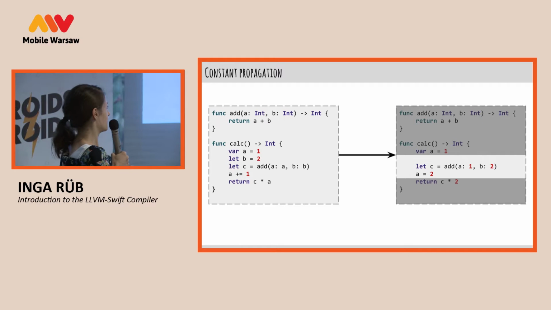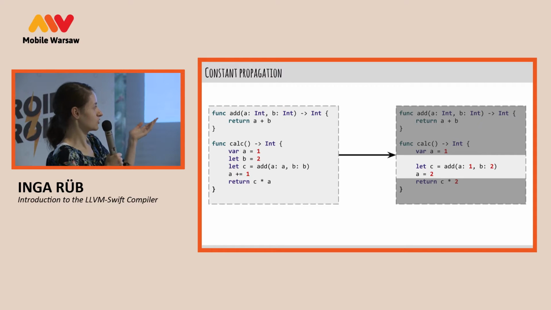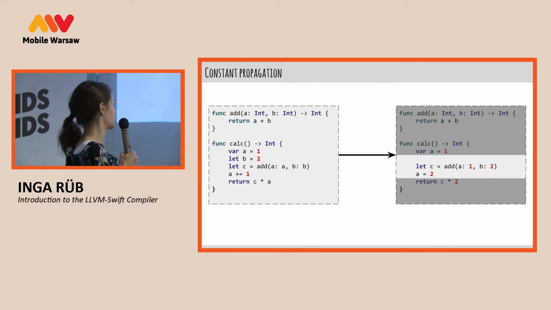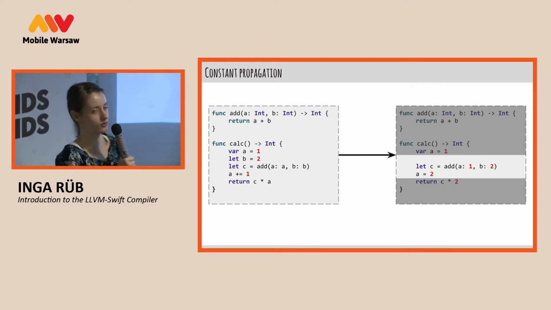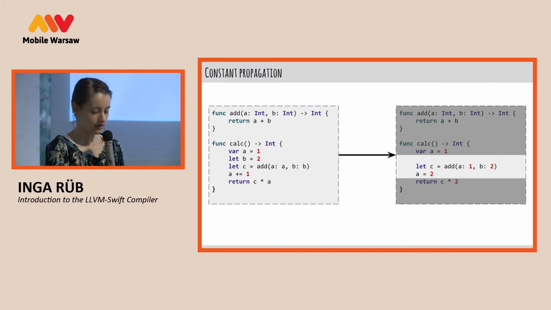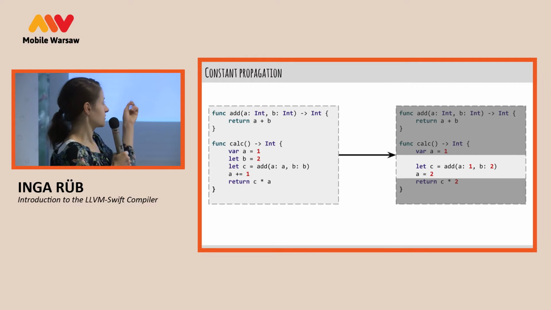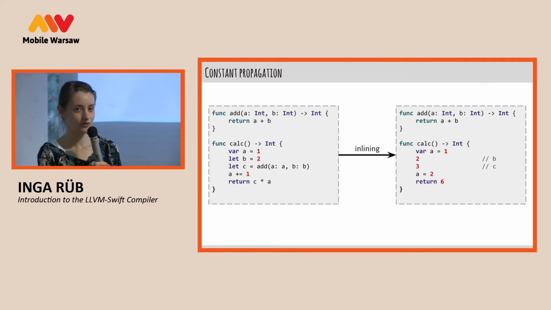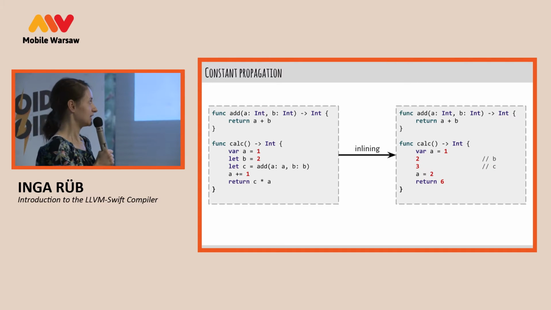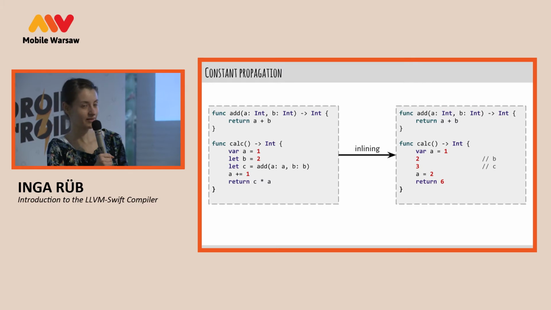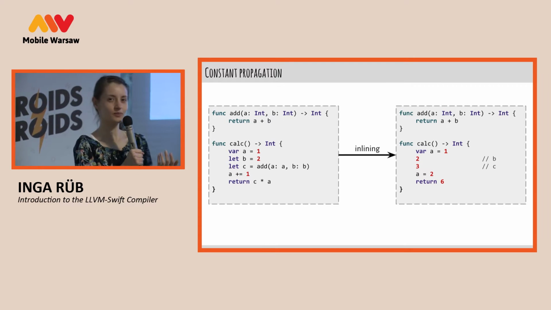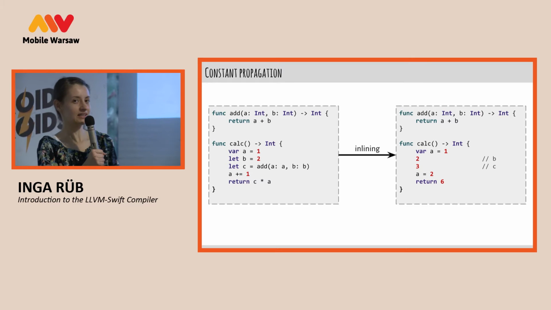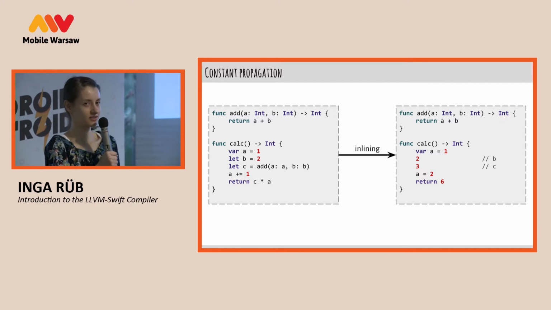And also, we pass as an argument not variable a, but just simply its value, and we have already the value calculated and assigned to a in the third line. And if we did inlining prior to constant propagation, then it looks even better, because the function add has been already inlined in the code.